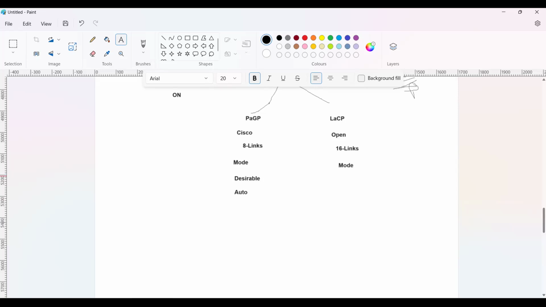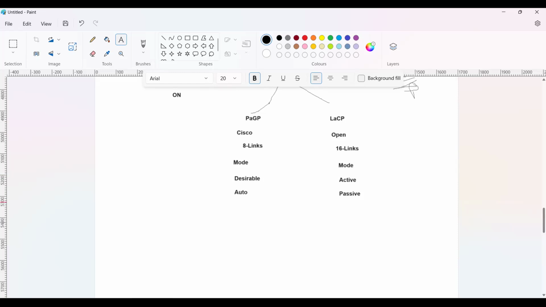In LACP, one is active and the second one is passive. LACP is the open standard having 2 modes, active and passive, and PAgP having 2 modes, desirable and auto.